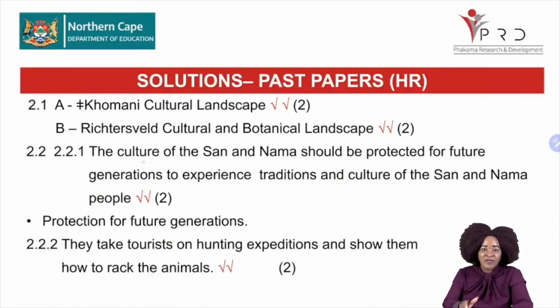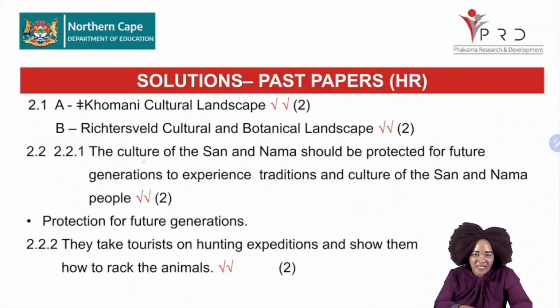So what I'm trying to say to you, grade 12 learners, is that you must know the location. If you notice on the map we are busy with now, Khomani is at the top and Richtersveld is at the bottom. So you need to know the exact location of each of these World Heritage Sites on the map.